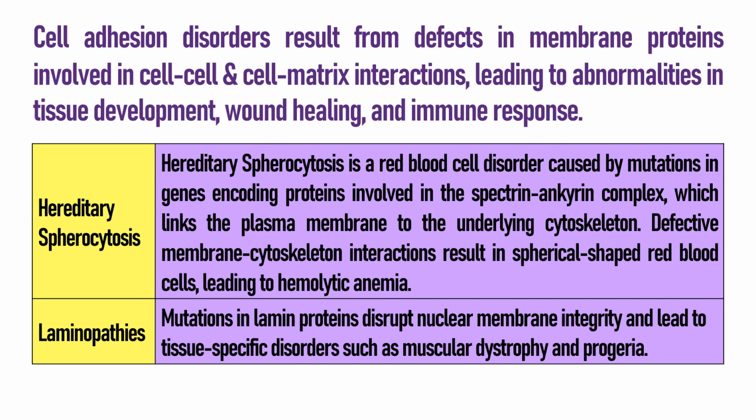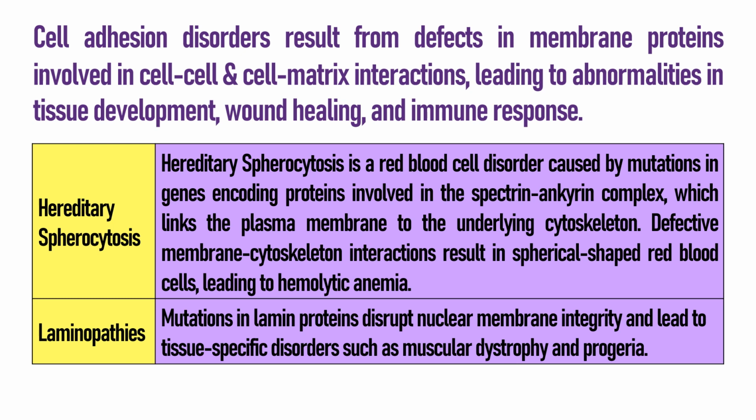Cell adhesion disorders result from defects in membrane proteins involved in cell-cell and cell-matrix interactions, leading to abnormalities in tissue development, wound healing, and immune response. Hereditary spherocytosis is a red blood cell disorder caused by mutations in genes encoding proteins involved in the spectrin-ankyrin complex, ultimately leading to hemolytic anemia.